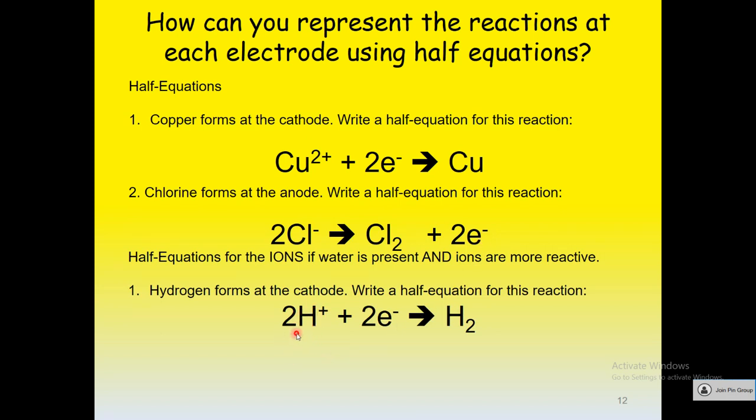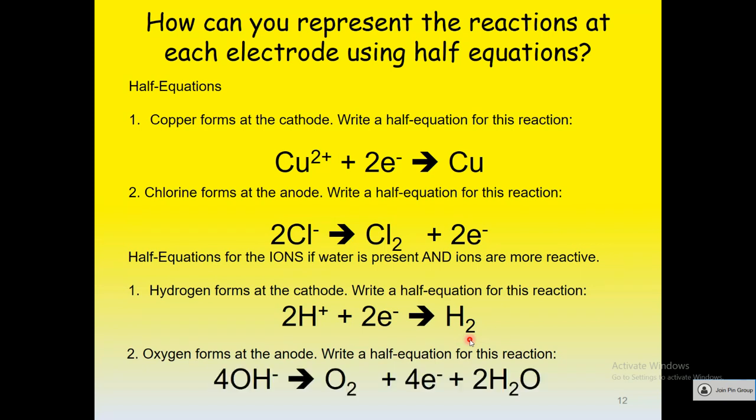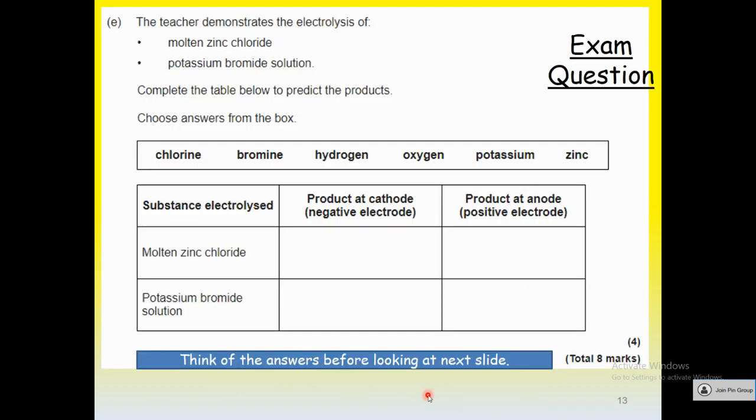So here we have 2H+, picking up electrons to make H2 gas. And then the other equation which we've just seen, 4OH- giving O2, 2H2O, and 4 electrons.